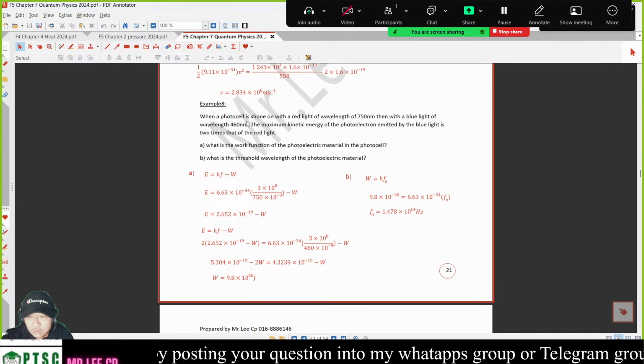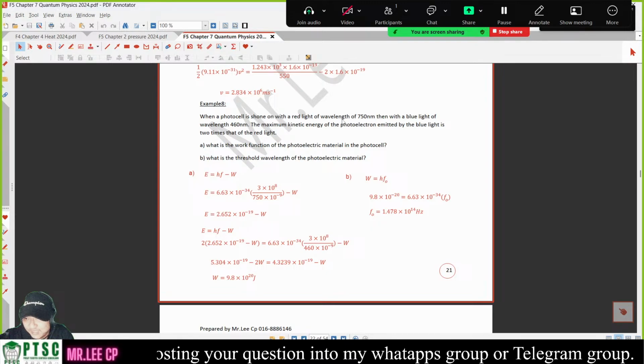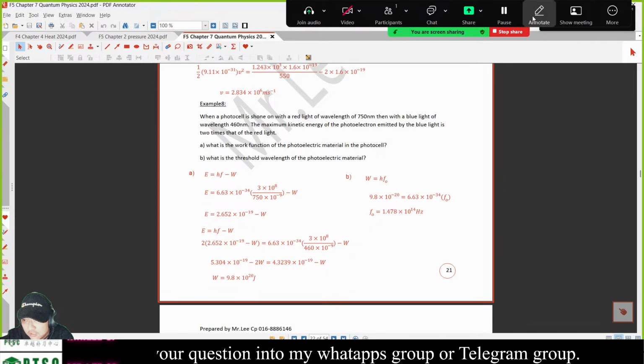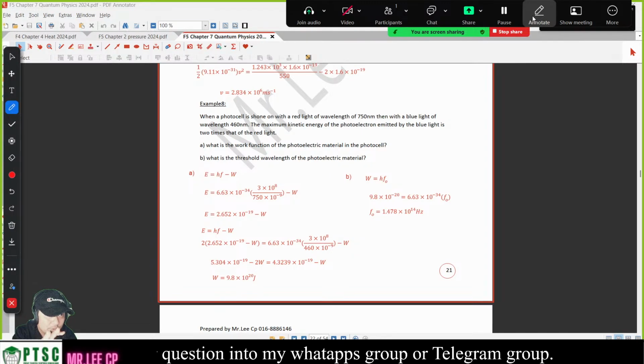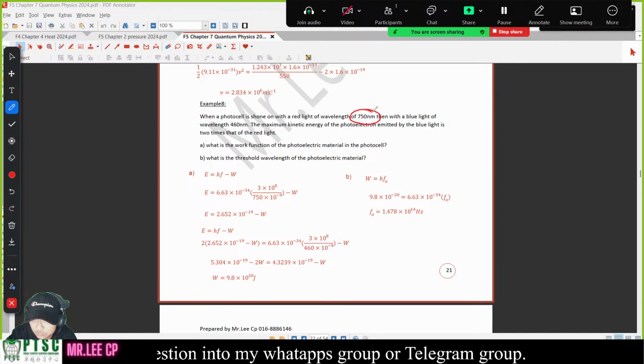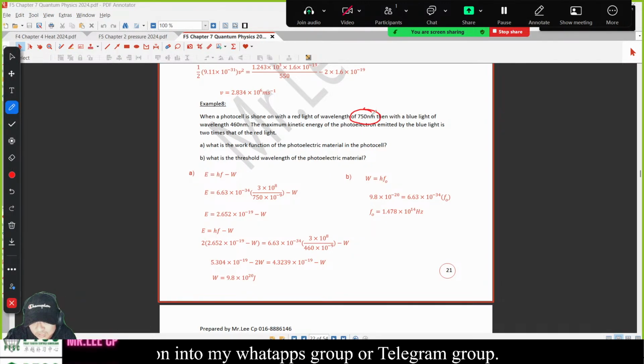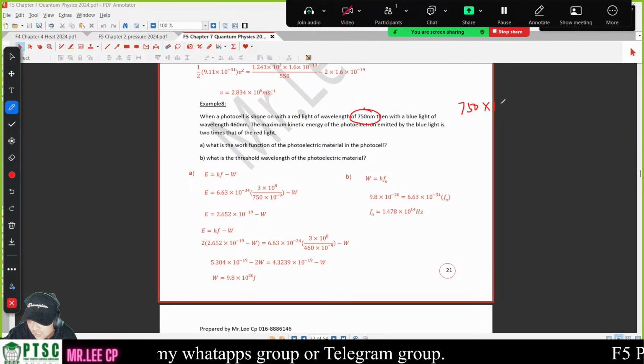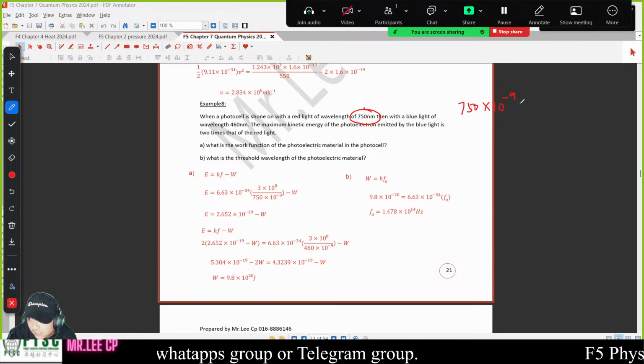So when the photocell is shone with red light of wavelength 750 nano. Remember this year, when you do this kind of question, if they really ask you, you need to write it out: 750 times 10 to the negative 9 meter.